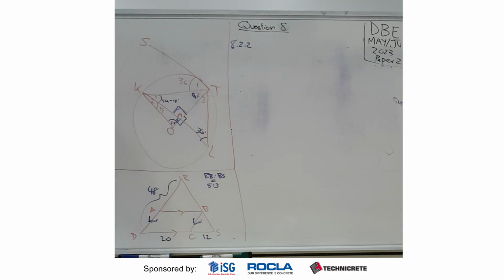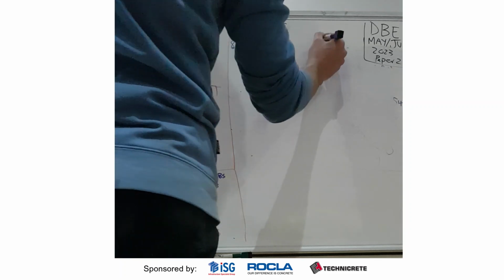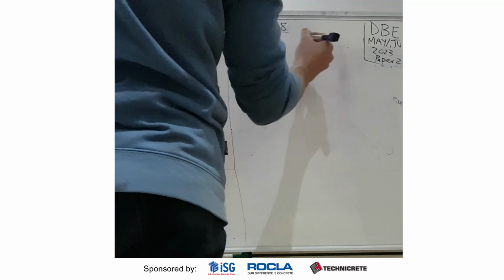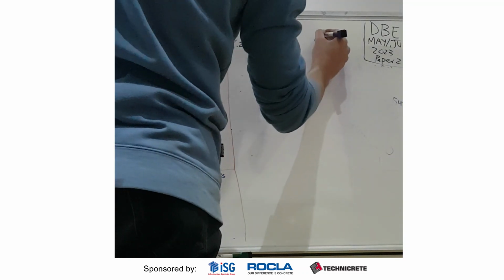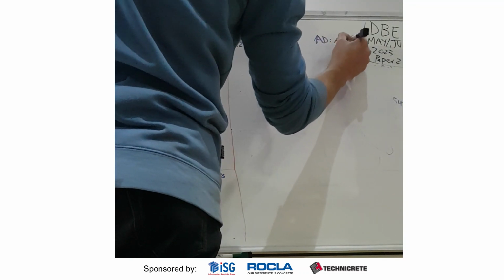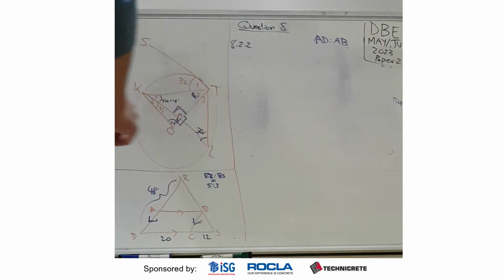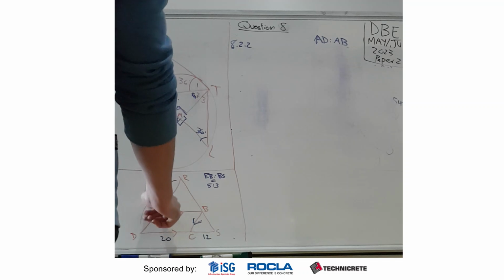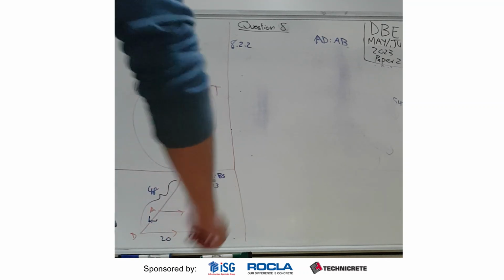Very nice of them. Given that, they want us to calculate the ratio of AD to AB. Right. So we want this ratio, AD to AB.